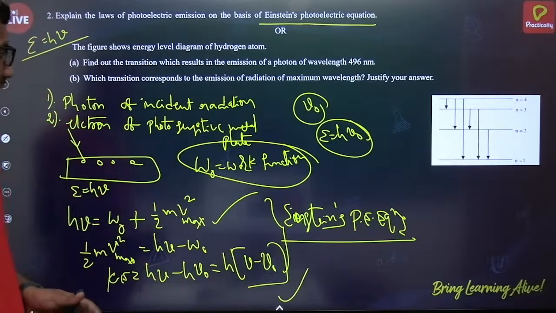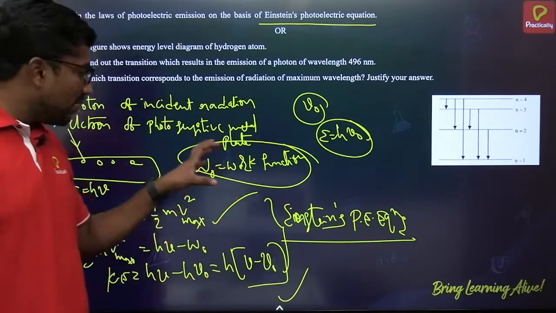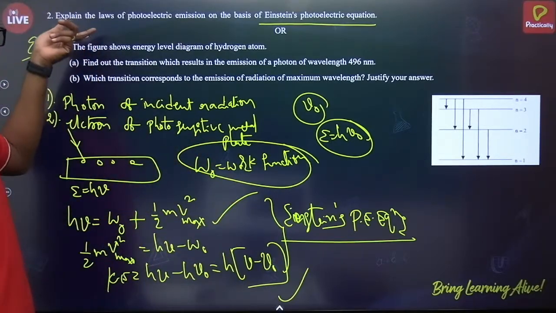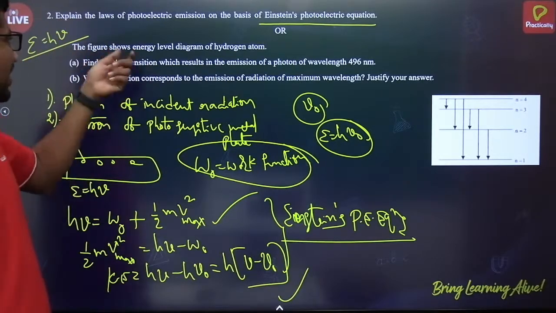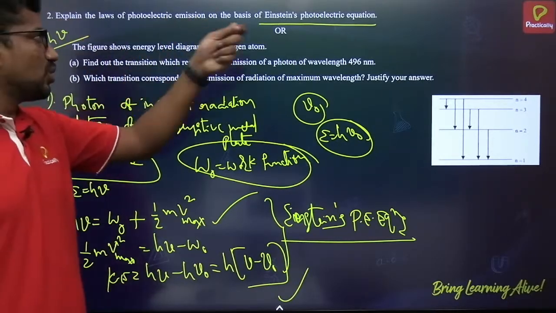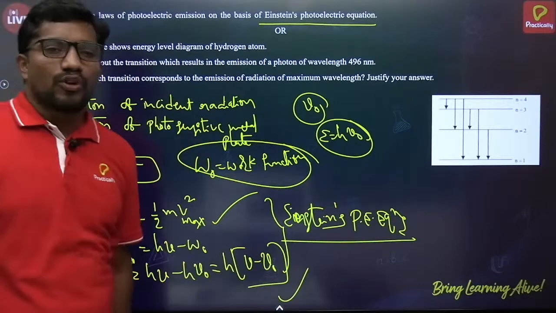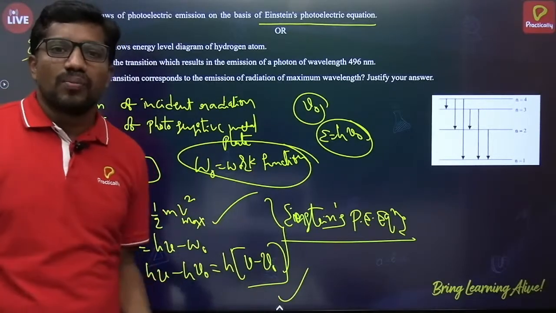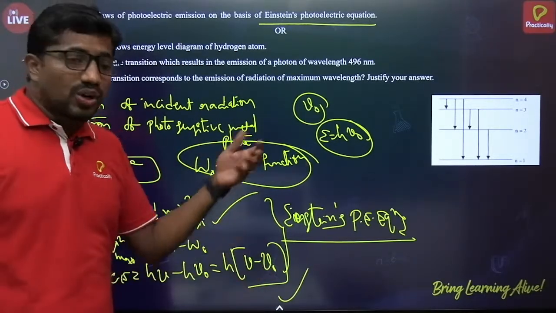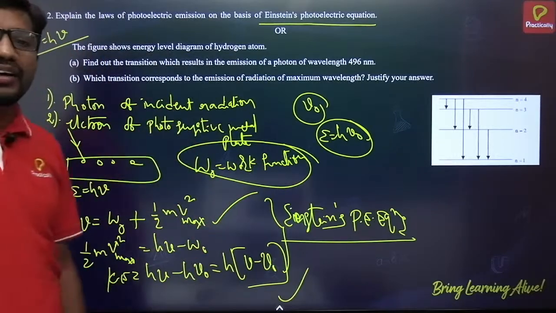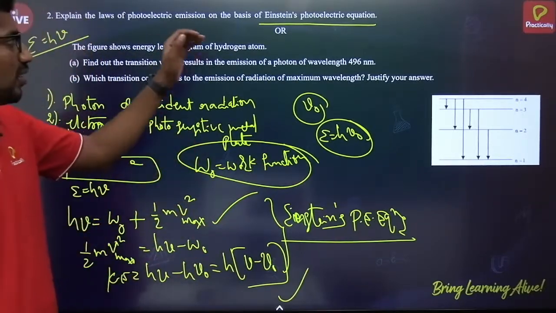Now actually, this is the theory that I have explained to know very clearly about the laws of photoelectric emission. So first you should know what exactly Einstein's photoelectric equations are, then only you can go for the laws.